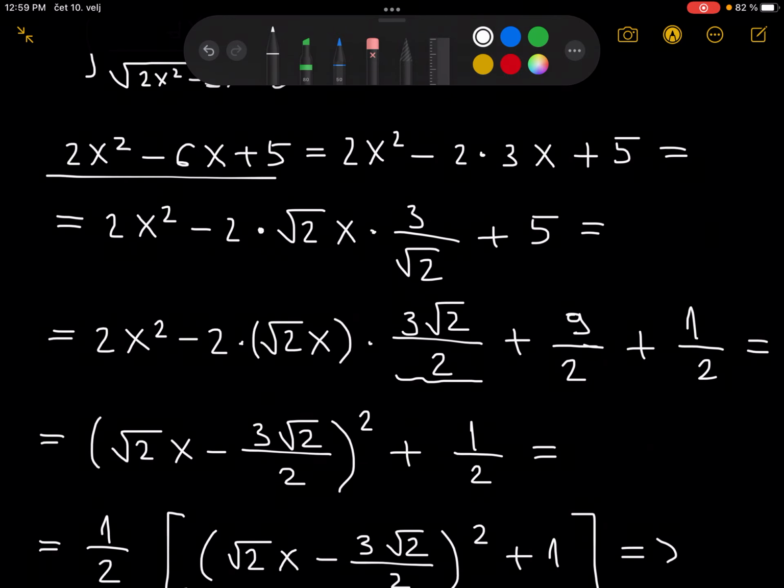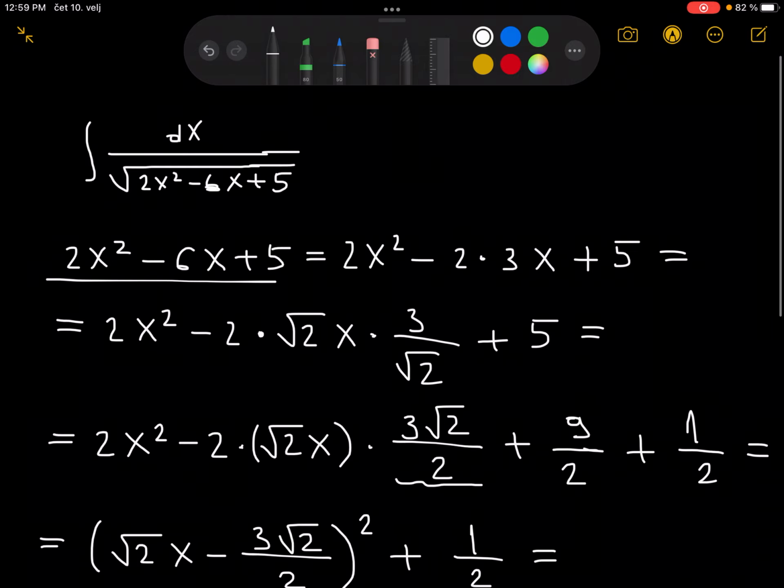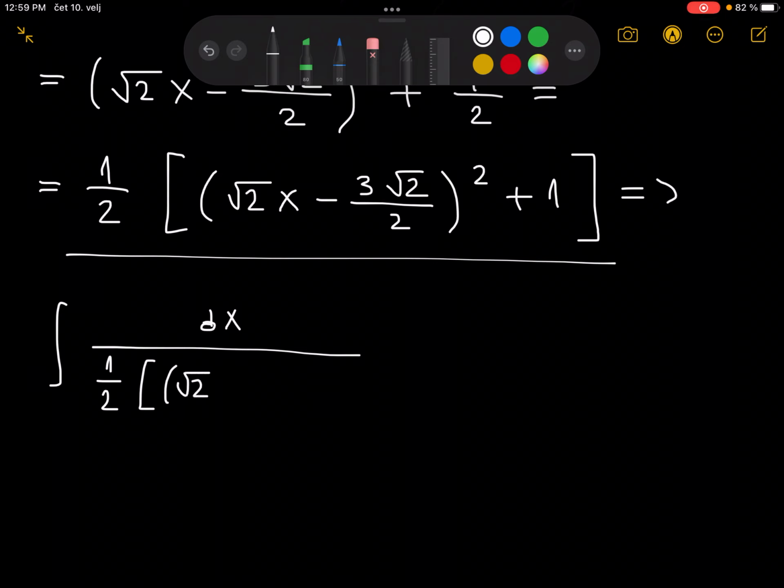Okay, so now that we've completed our task of transforming this subintegral form, we can actually rewrite this integral as the integral of dx over 1 over 2 times the square root of 2x minus 3 times the square root of 2 over 2, quantity squared, plus 1.